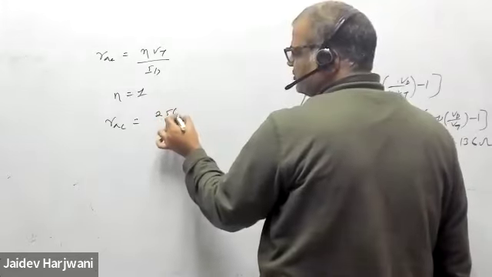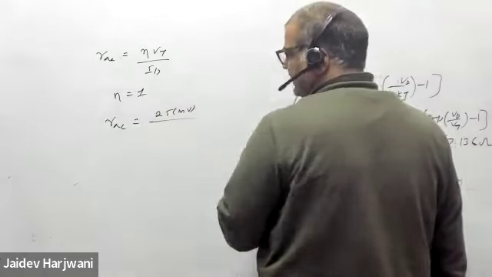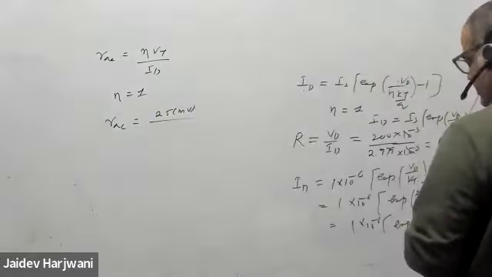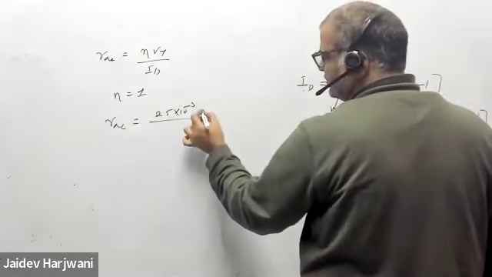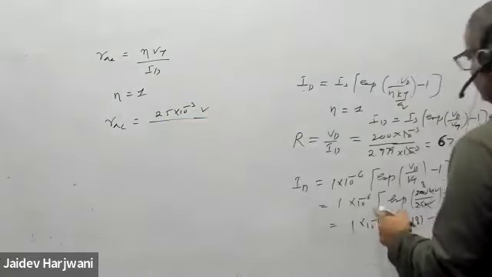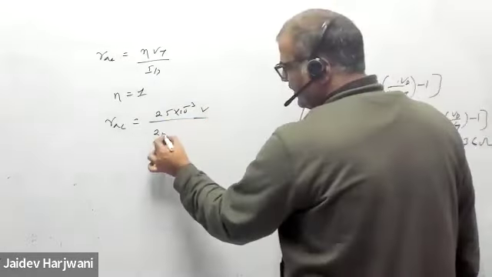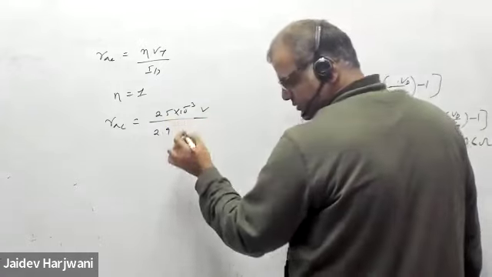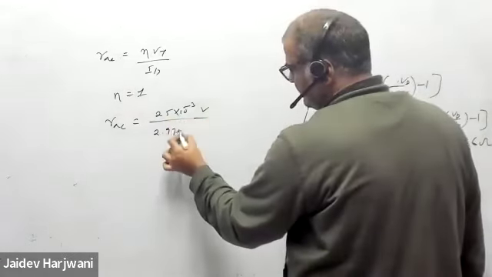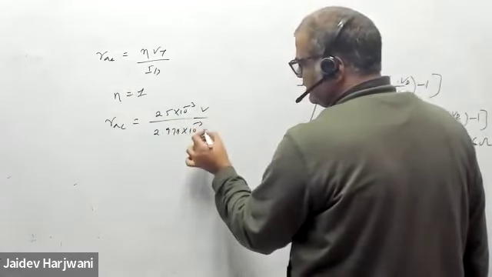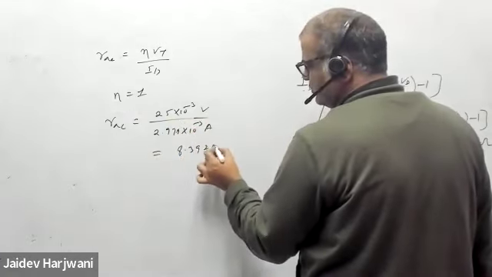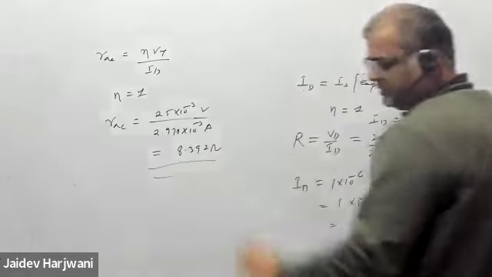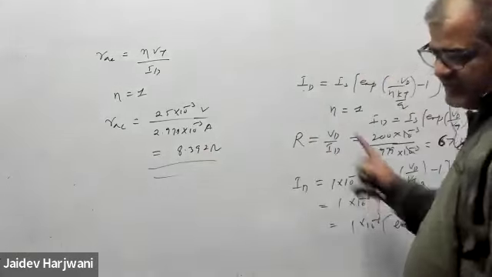I have to put 25, right? In this question I'm taking 25, so it is 25 millivolt, that is 2.5 × 10^-2 volt, upon ID, which is 2.979 milliampere. And this comes to 8.392 ohm. We can round it off to 8.4.